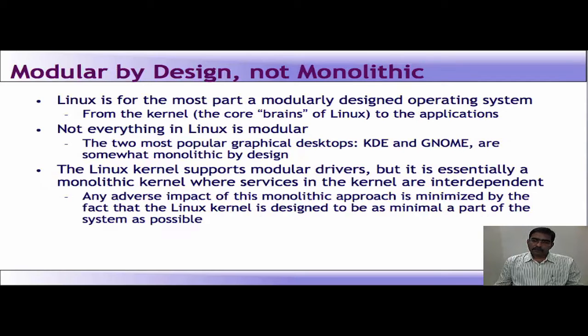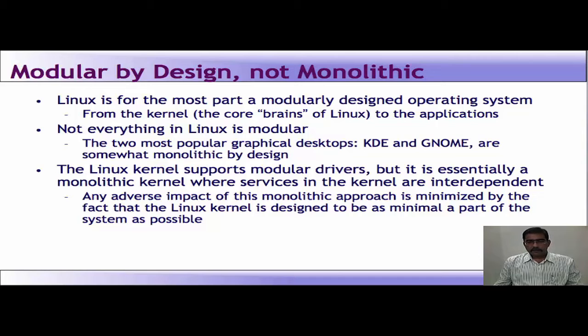Linux is for the most part a modularly designed operating system from the kernel to the applications. The kernel is, again, we emphasize, the core or brains of Linux. Not everything in Linux is modular, also. There are two most popular graphical desktops, GNOME and KDE. They are somewhat monolithic by design.